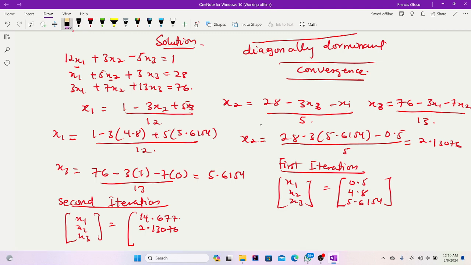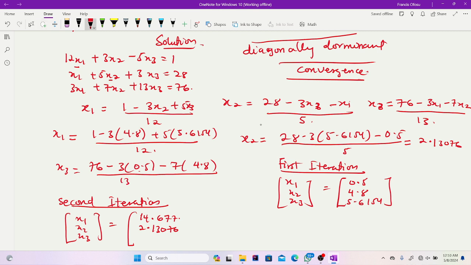So I'll clean the x3 here. My x3 is simply equal to 76 minus 3 open bracket, then the x1 here becomes 0.5, minus 7 multiplying x2, which is 4.8, close brackets, all over the expression of 13.